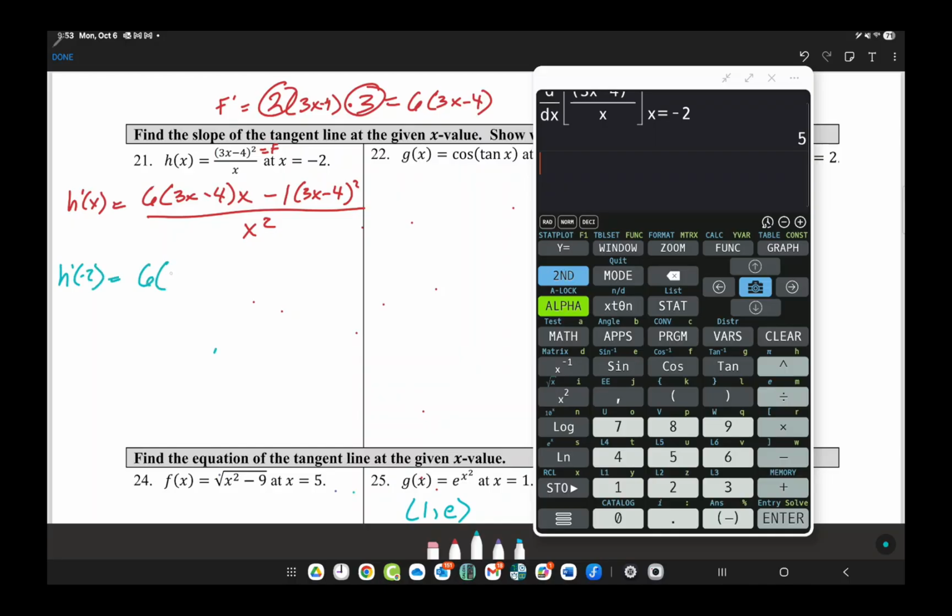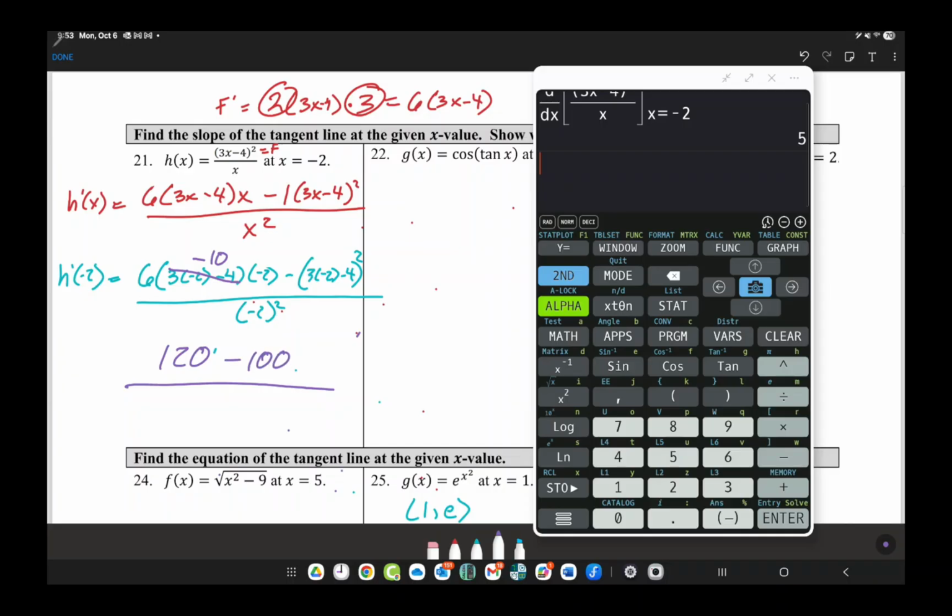So 6 times 3 times negative 2 minus 4, times negative 2 minus 3 times negative 2 minus 4 squared, over negative 2 squared. That gives you negative 6 minus 4, which is negative 10. Negative 10 times negative 12 is 120. That gives you minus 100 over 4. So 20 over 4 is 5.